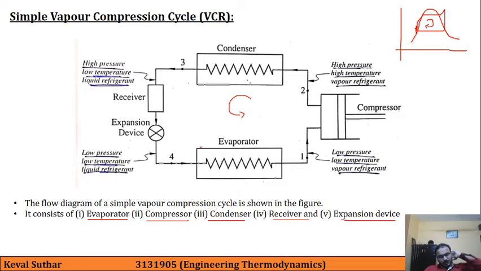First of all, let's focus here. Initially we will begin with point number 1. Here we have low pressure, low temperature vapor refrigerant. So this is in vapor form, at low pressure and low temperature, and refrigerant is the working fluid in the VCR system.